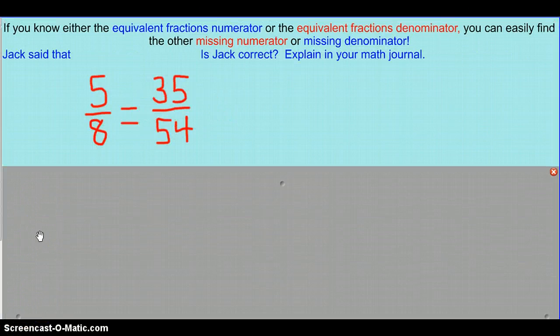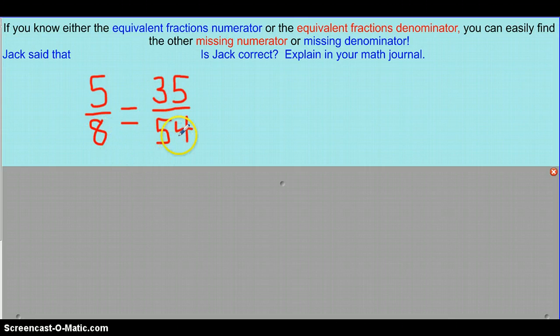Let's check on Jack. If you know either the equivalent fraction's numerator or the equivalent fraction's denominator, you can easily find the other missing numerator or missing denominator. Is Jack correct? Explain in your math journal. Let's see. I know that he would have to divide or multiply, and it looks like multiply in this case, by the same number. Can you multiply 5 and 8? 5 to get to 35 would be times what?